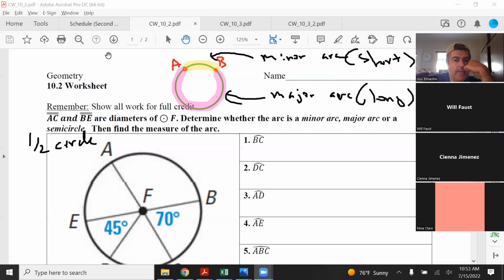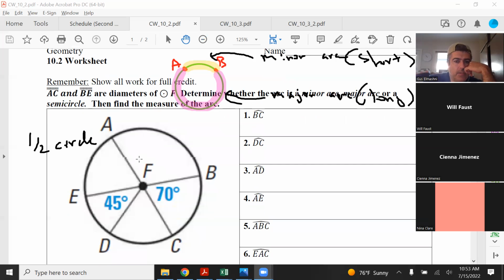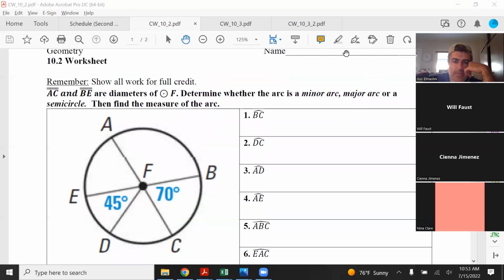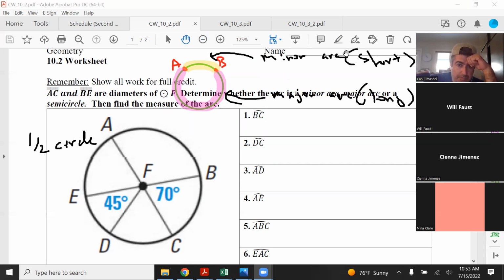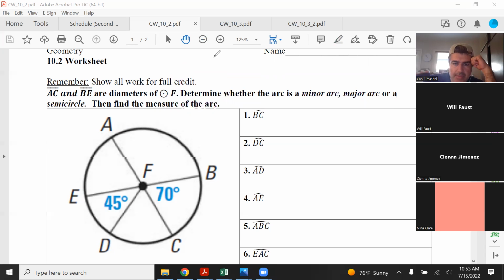And depending on how you label or how you do the lettering, let me backtrack a little bit. The default, let me do this again.